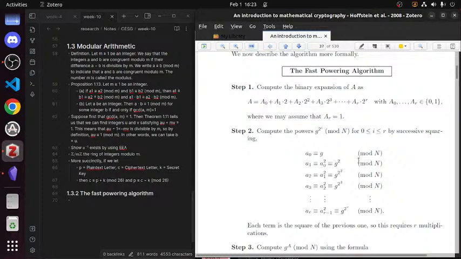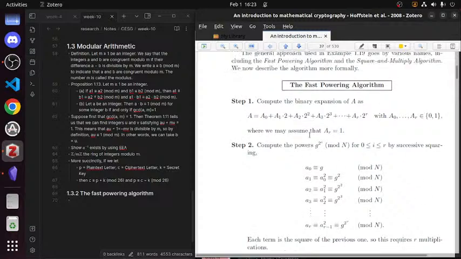So when you have g, each term is the square of the previous one, so this requires r multiplications.